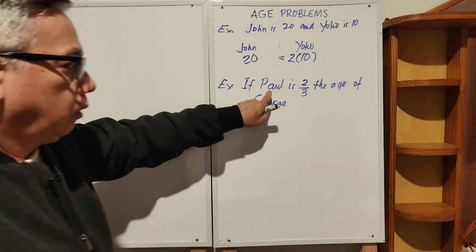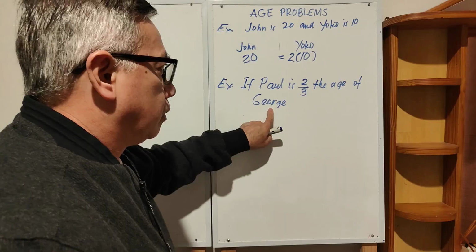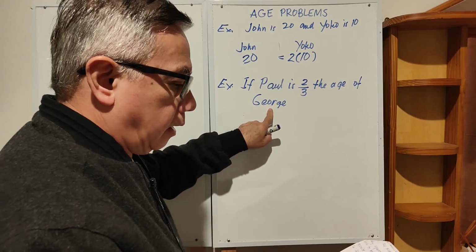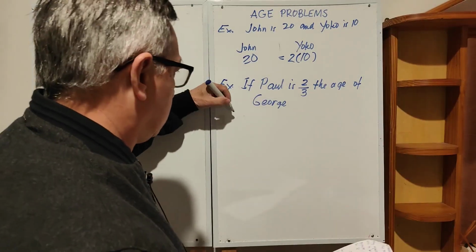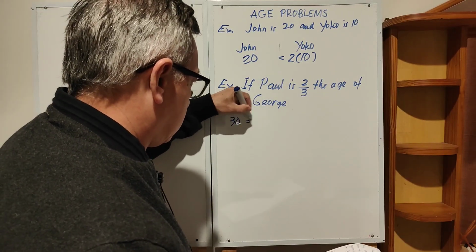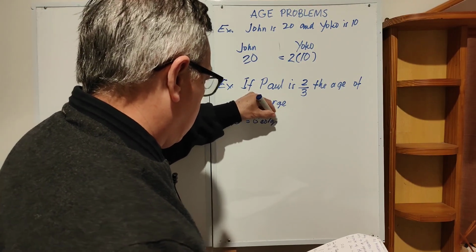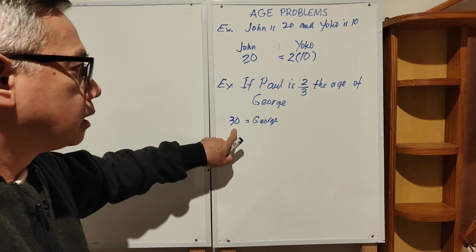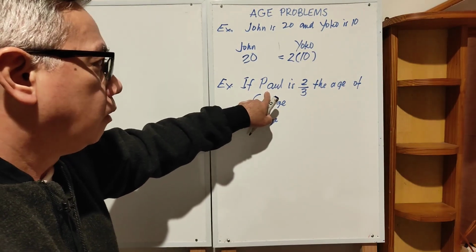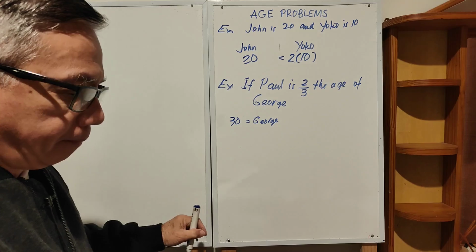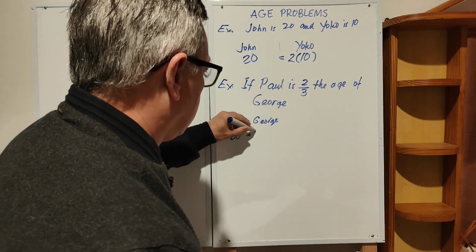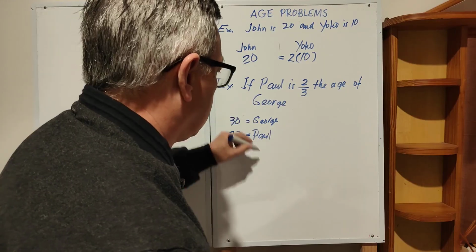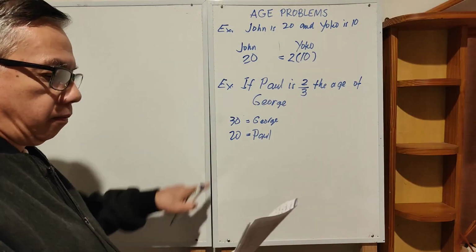Paul is 2/3 the age of George. Let's say George is 30, so 2/3 of this would be Paul. So Paul would be 20. That's 2/3 of 30.